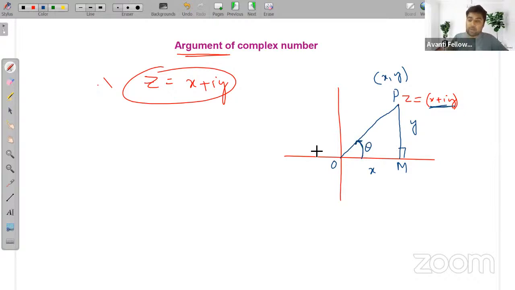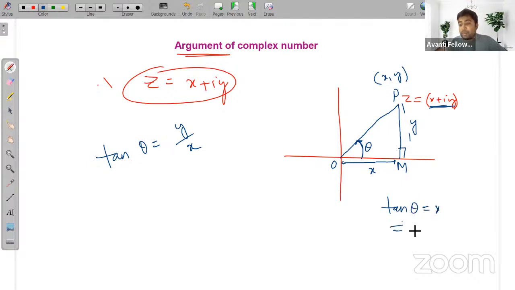Is that clear to everyone? So let's find theta. We have the information that this length is x and this length is y. So tan theta will be y upon x. In the last class I told you, if tan theta is equal to x, then theta will be tan inverse of x. Similarly, using this rule here, my theta becomes tan inverse of y upon x.